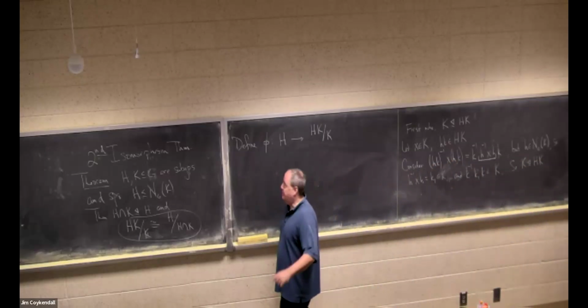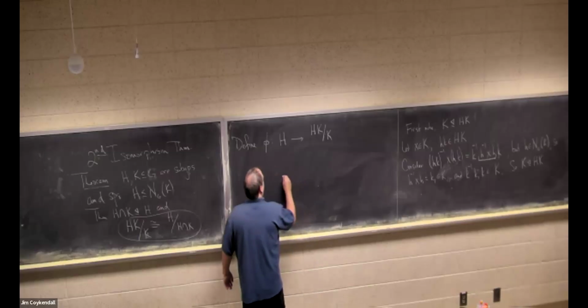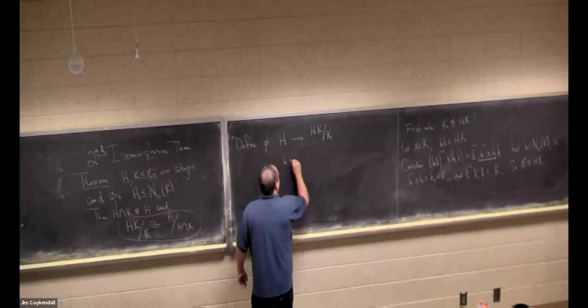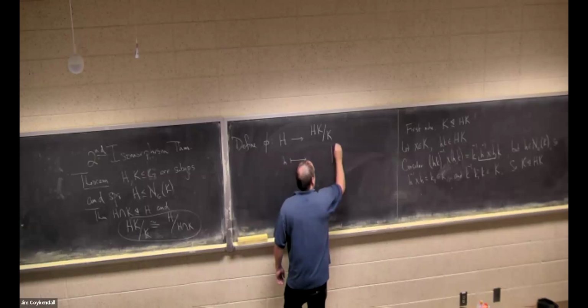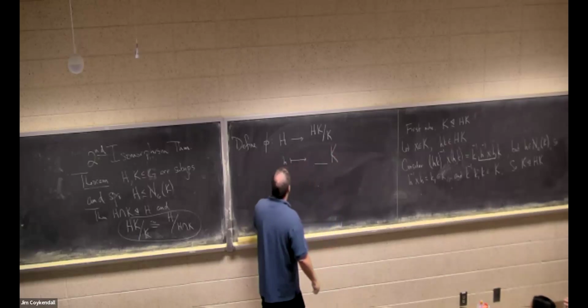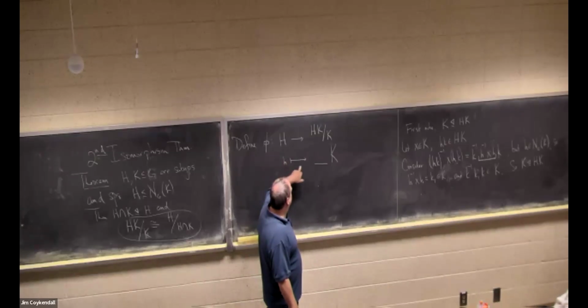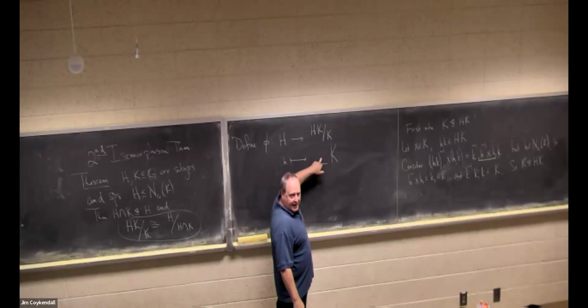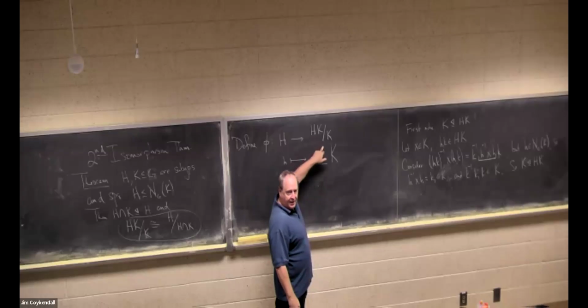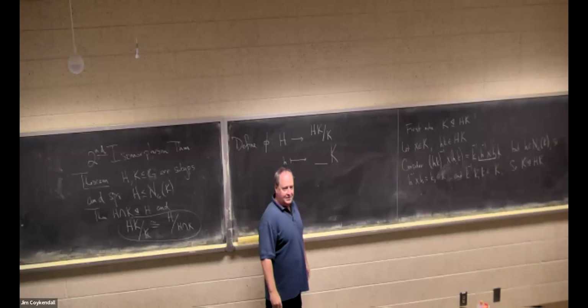Remember, this is math class. What is the easiest way that I can take some element of H and make it a coset of HK mod K? What's the easiest element of HK that I can associate with h?